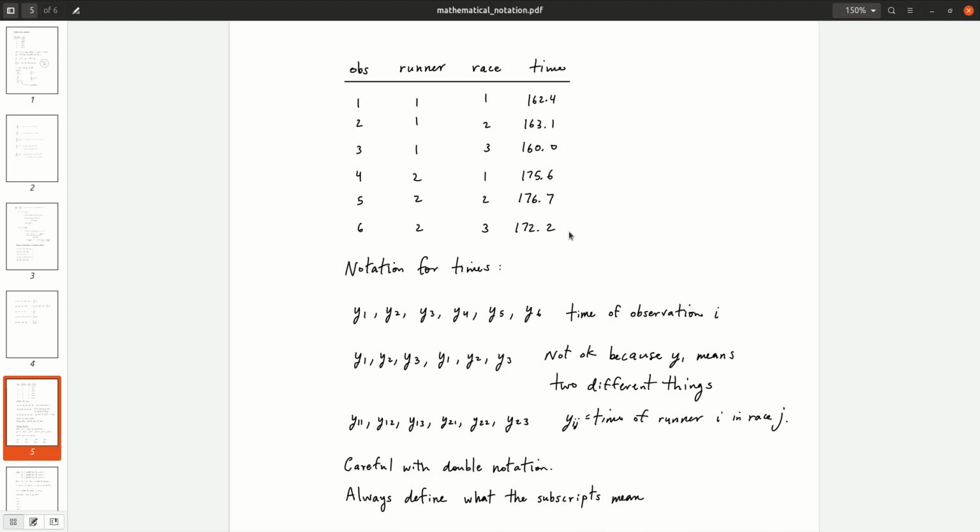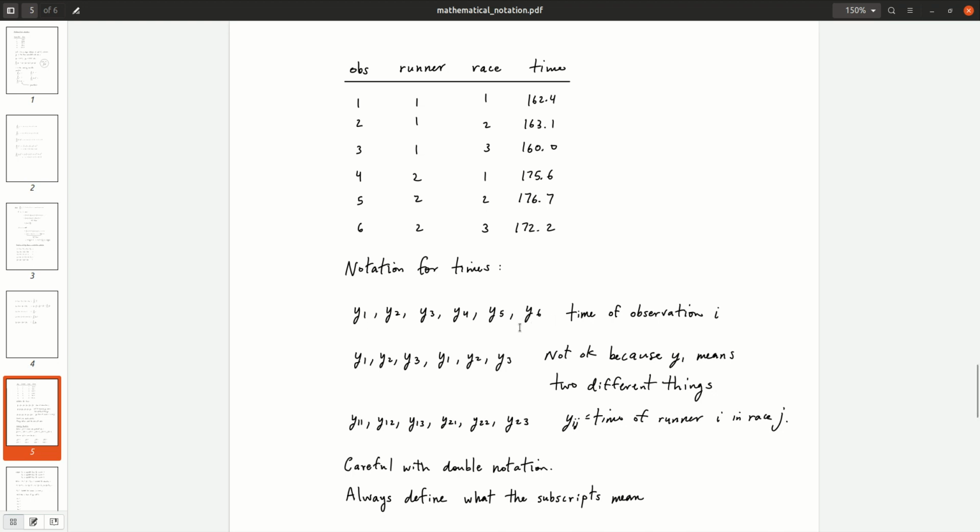They're both correct. The important thing is that you're consistent in what notation you use and that you define it clearly for anyone who's going to be reading the paper. So the first way of doing it, which I'll call single index notation, we'll come back to this later in the semester, is I'm just going to label them y1 through y6.